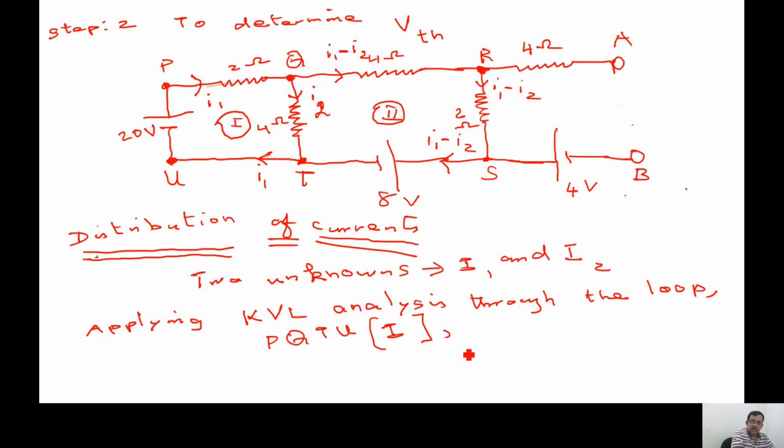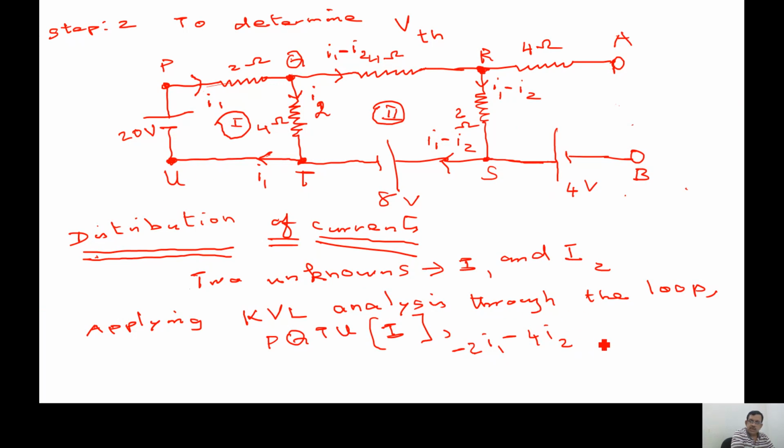So I have a voltage drop across 2 ohm and 4 ohm. Therefore, because it is a voltage drop, it will be minus sign, 2I1 minus 4I2. At the point U, I am seeing the negative of the terminal and I am going to positive, which means a voltage rise on the arm UP.